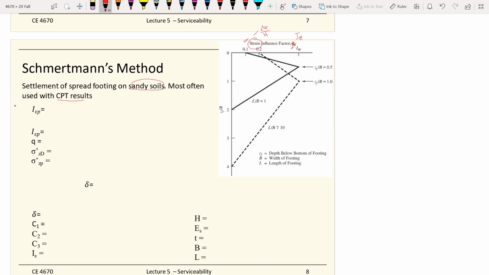Anyways, and then you have this method, it has a key chart. You can see the profile here. This strain influence factor has two parts, and it is broken down by one key parameter, which is the I epsilon p, which stands for the peak strain influence factor.